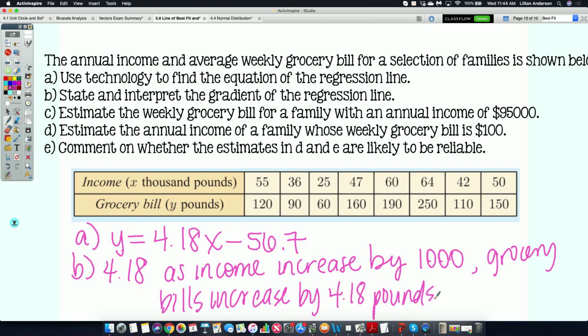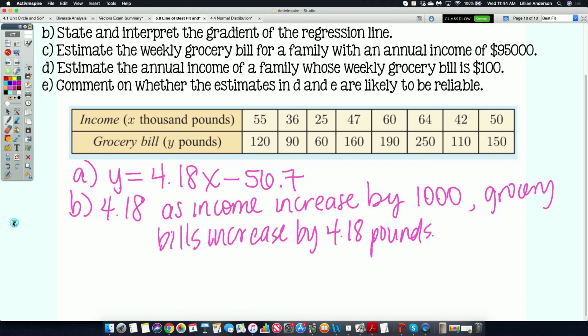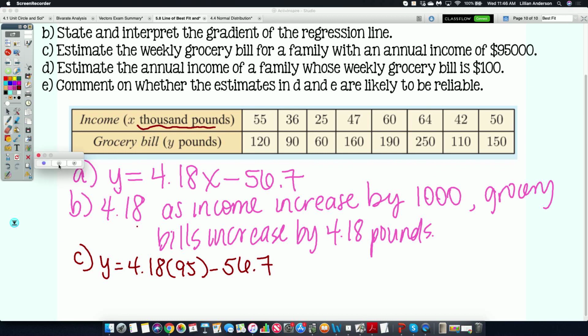Y. I'm looking for Y when X is what? 95. Is it 95,000 or 95? It's 95, because remember, X is in terms of thousands. So I can work this out easily by just plugging in 95 for X and solving. What did you get?